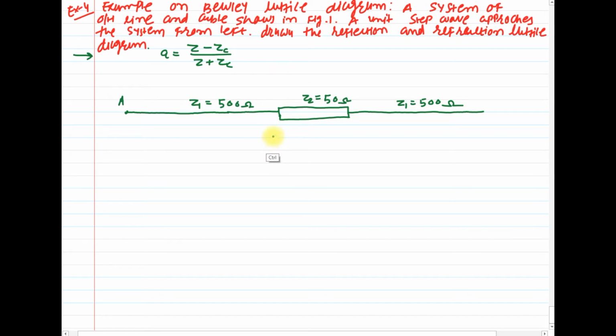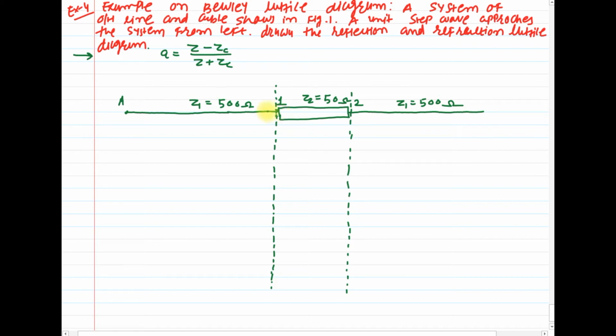Now just recall the previous theory which we have derived for the lattice diagram, which shows the understanding of how to draw the Bewley lattice diagram. From that understanding, we divide the overall transmission line or overall figure into a number of sections according to the junctions. So here at junction 1 and junction 2, the transmission line is terminated into the cable.